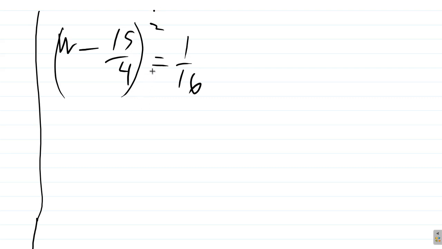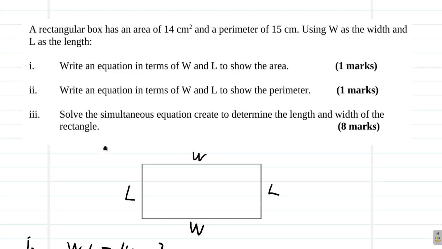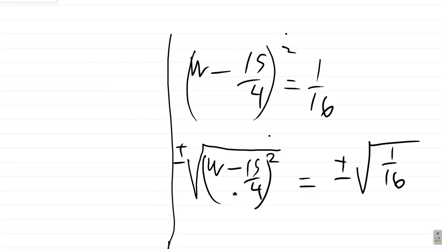So what would happen here now? If you square root both sides, you have the square root of (w minus 15 over 4) squared. And remember, it's positive and negative square root of 1 over 16, right? But when you square root something squared, you get back that something, because the square and the square root cancel one another.